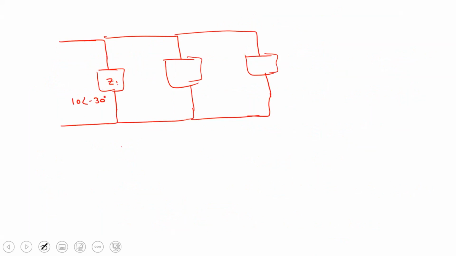This is Z1, this is Z2 and this is Z3. It is 20 at an angle 60 degrees, and this one is 40 at an angle 0 degrees. Now calculate the Z equivalent.